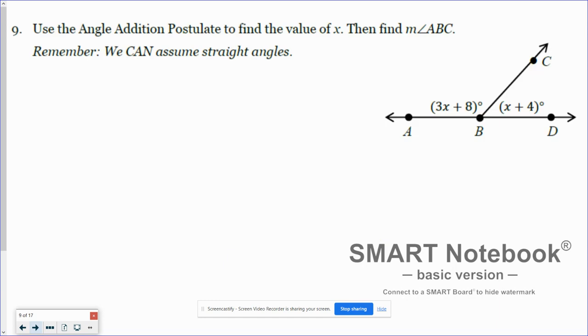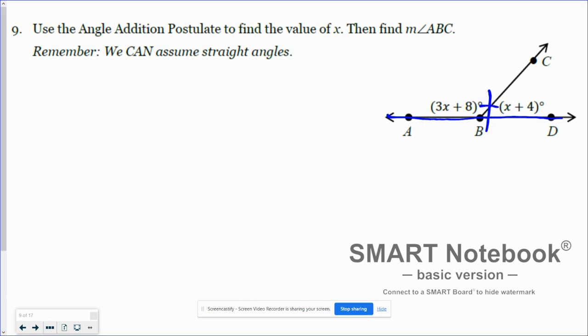Use the angle addition postulate to find the value of x. Then find the measure of angle ABC. Remember, we can assume straight angles. So I can assume that the angle ABD is a straight angle. And as you know, straight angles have a measure of 180 degrees.